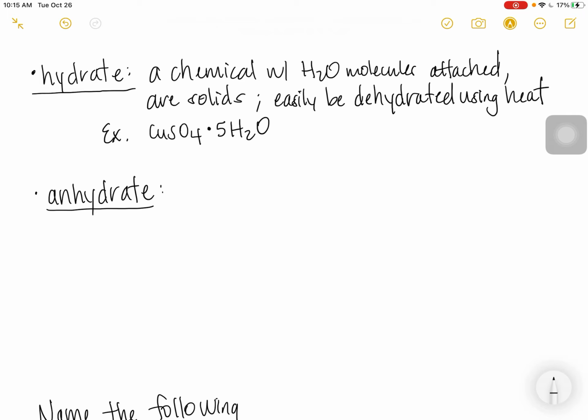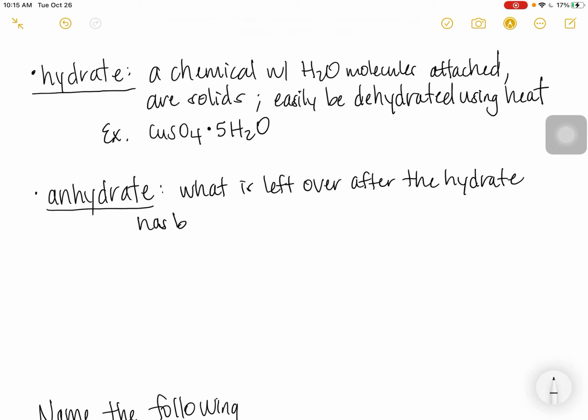Okay, well, an anhydrate is what is left over after the hydrate has been dehydrated. And anhydrates are also solids.